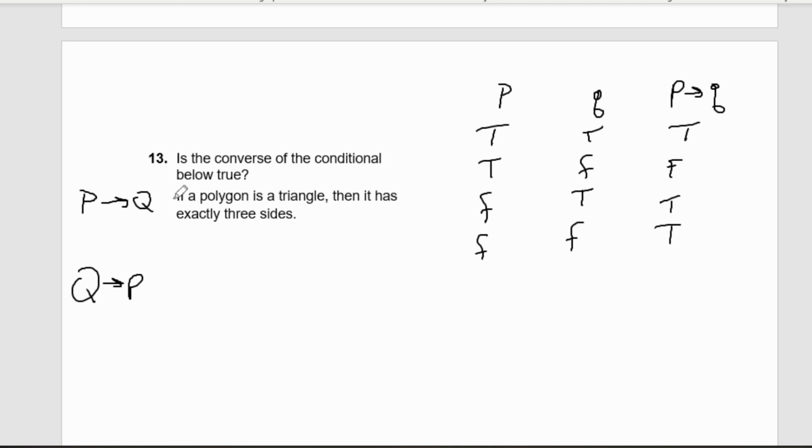So my P is if a polygon is a triangle, and my conclusion is then it has exactly 3 sides. And what I need to do here is now switch their order so that I have my Q first, followed by my P. And let's hope I made those long enough.